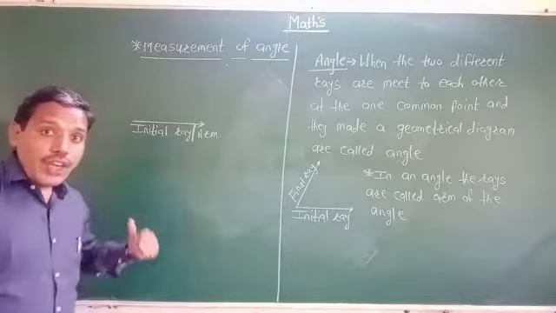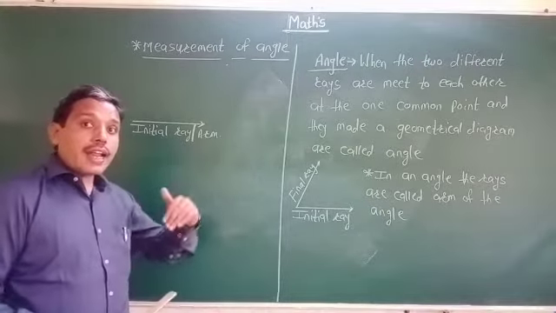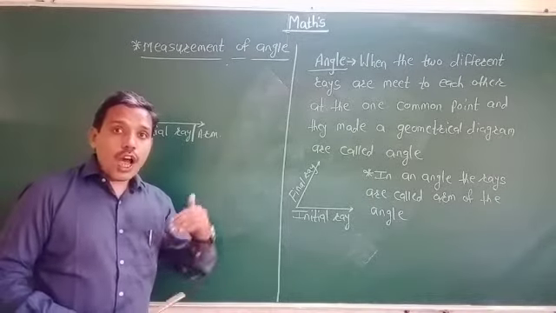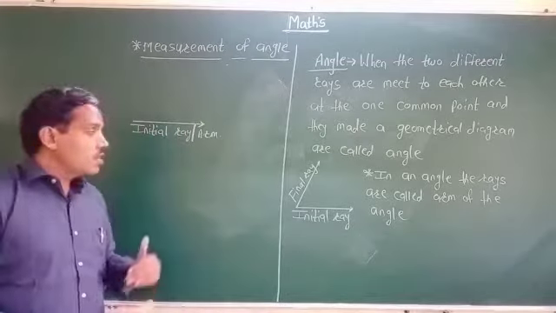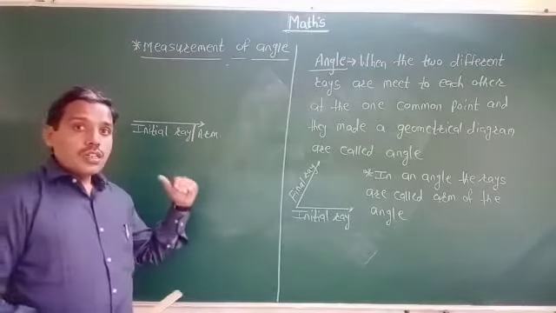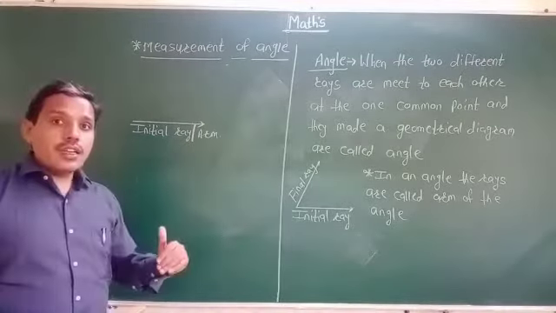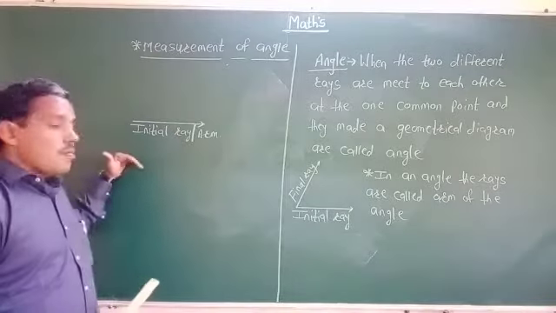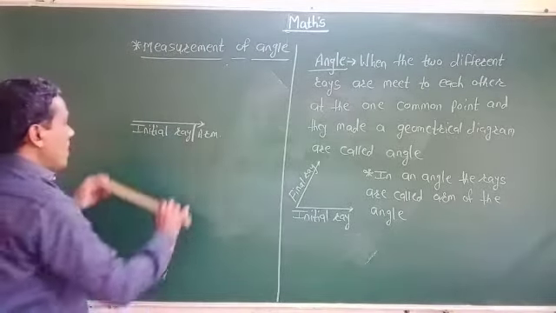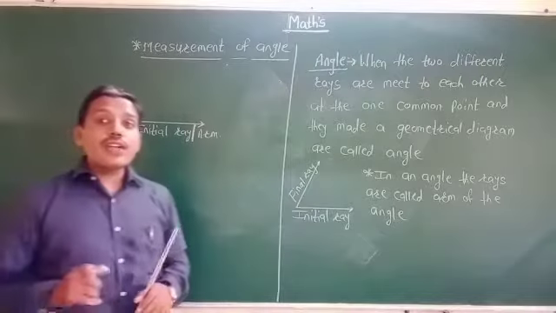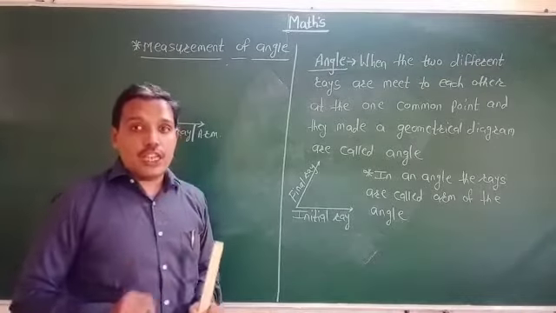Okay. When we have seen it, they get deflected. So how much do they get deflected? It never depends upon the measurement of the angle. It completely depends upon how much they get deflected. So we have seen it.